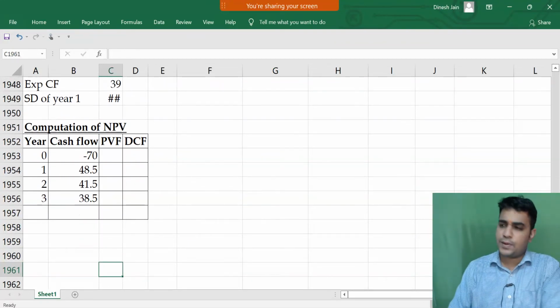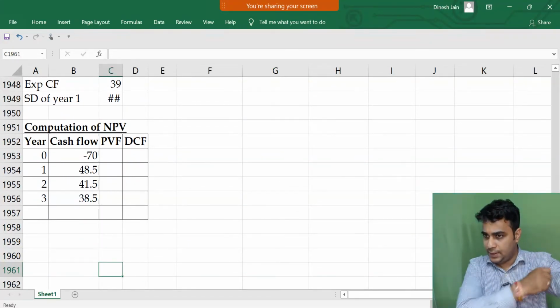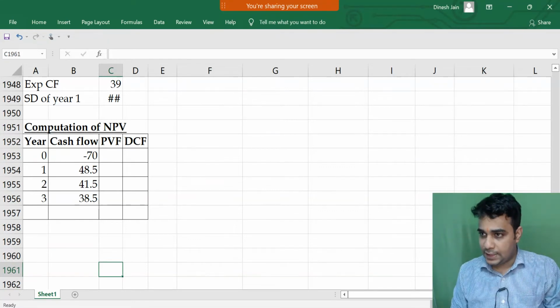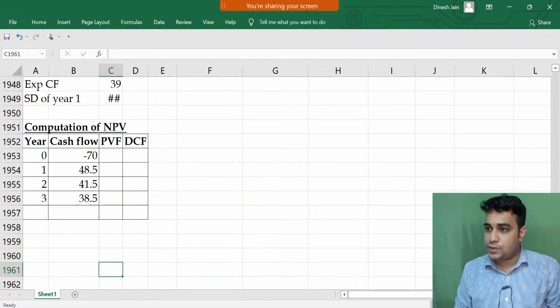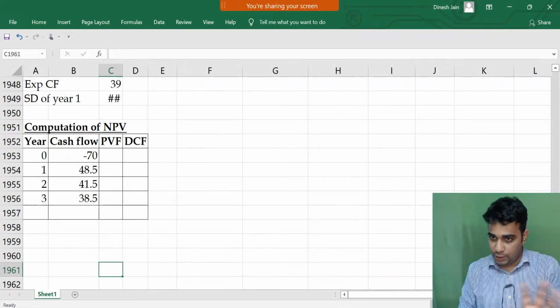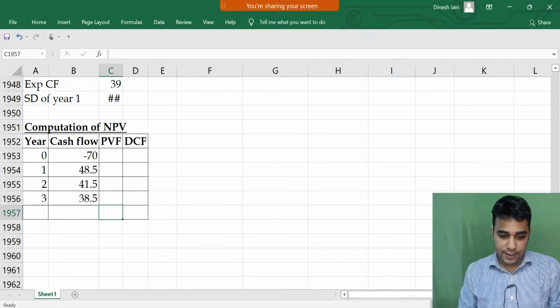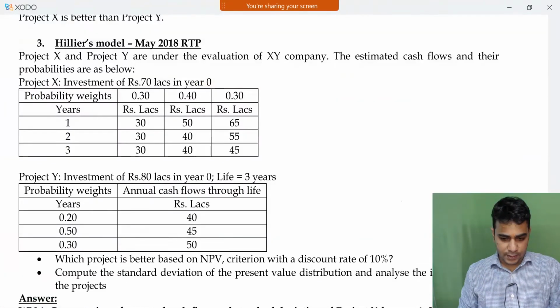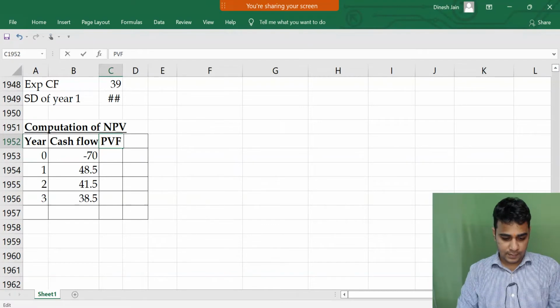You will not be in a position to write this unless you understand the calculation properly. Every year, we have calculated the expected cash flow and also the standard deviation. What is the discount rate given in the question? 10%.